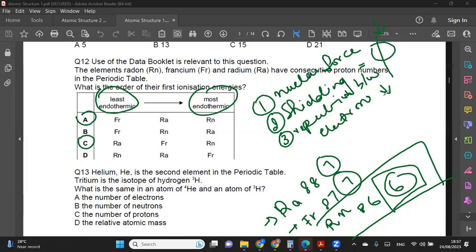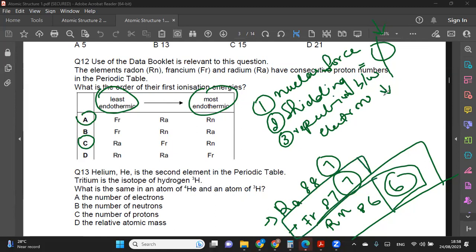Do I need to put more energy or less energy to remove the electron? Less, because the number of protons is less and the nuclear force is weaker. If the nucleus is weaker, I don't need to put that much energy because it is not holding onto the electron very strongly. That means between radium and francium, francium will have less ionization energy.